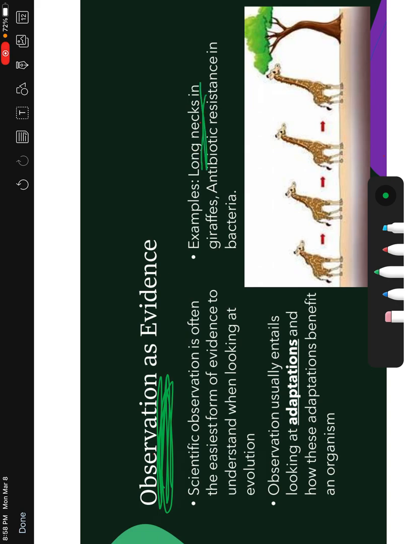So some examples would be long necks in giraffes, or antibiotic resistance in bacteria, or in the case of the next slide, a virus, specifically HIV.